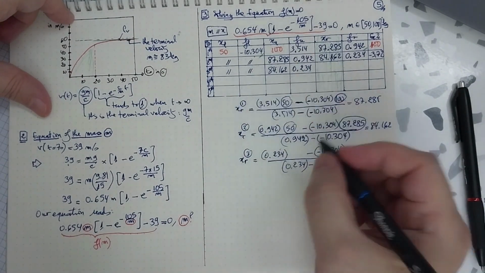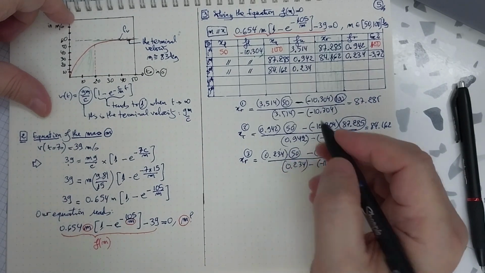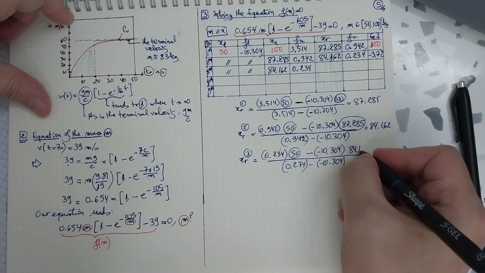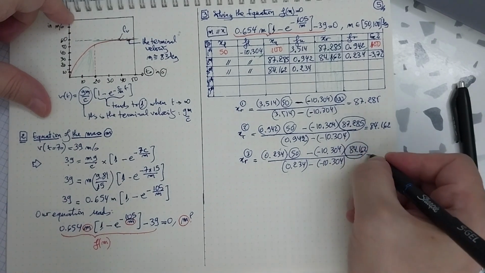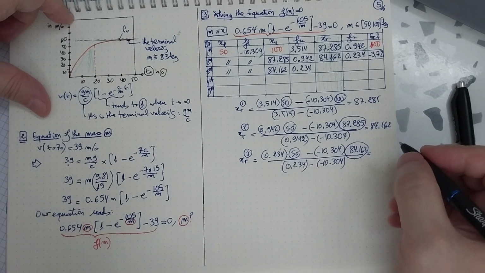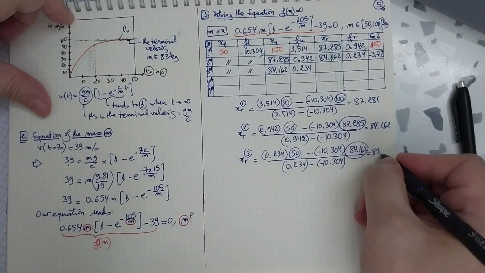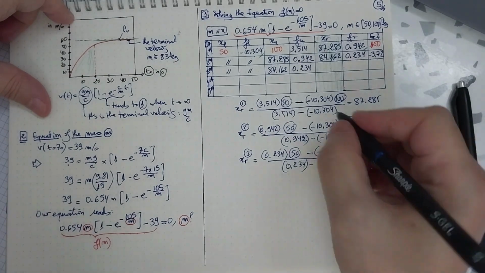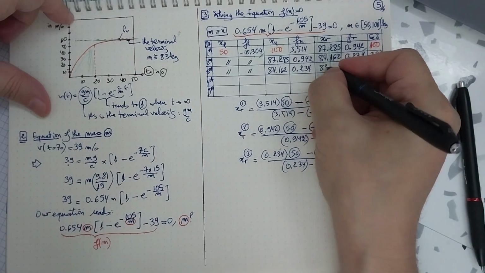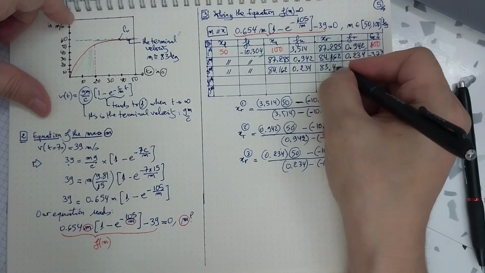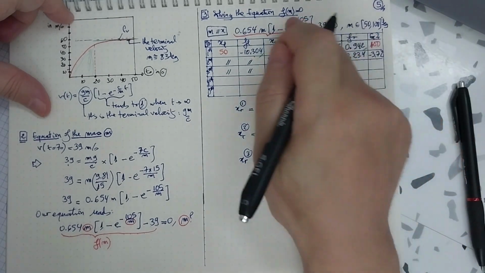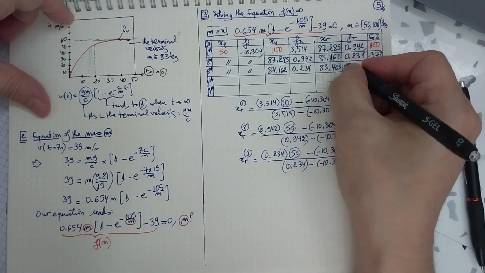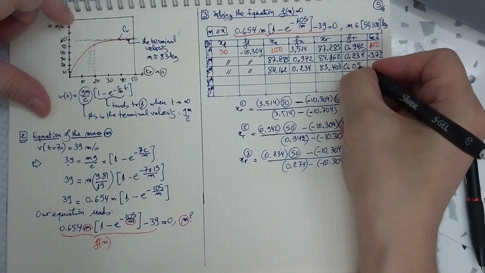And XL is 50, and XU, the new XU, is 84.162. And we obtain the value 83.403. We report it in the table. We take it again in the function to get the image, and I found 0.057.